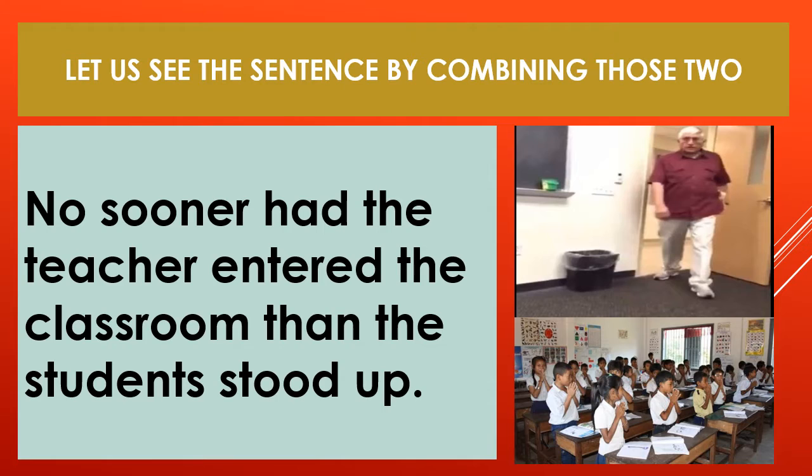So, the teacher entered the classroom is the first action. Immediately after this action, one more action happened: the student stood up. So we made some relationship between these two sentences with the help of some words. What are those? You know well, yes, no sooner than.